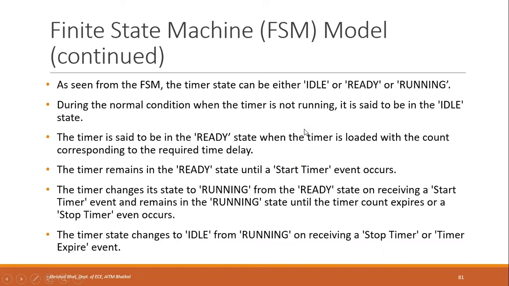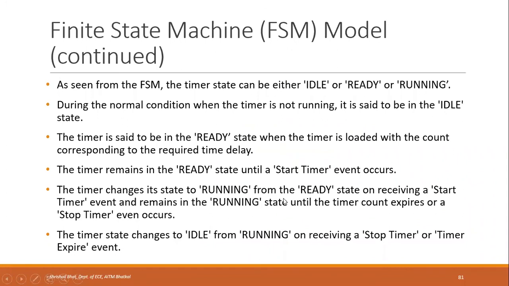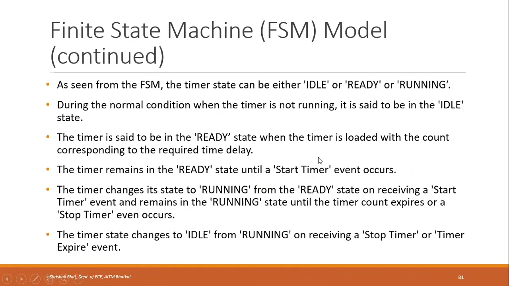It changes to the running state from the ready state on receiving a start timer event, and remains in the running state until the timer count expires or a stop timer event occurs. The timer state changes to idle from running on receiving a stop timer or timer expire event. So that's about the timer's FSM model.